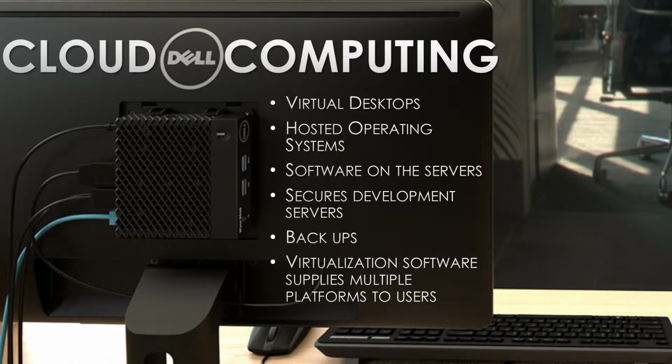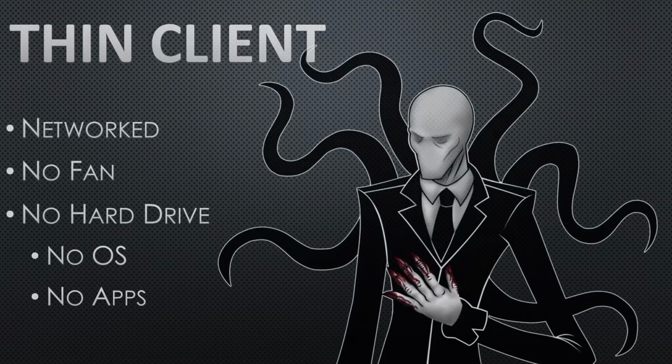Whenever you turn it on, you press the power button, it actually boots up a very thin version of an operating system, connects to the network, downloads Windows or whatever you're running your network on, and boots over the network. Then you have network applications, you have Microsoft Office on there, you could have SPSS on there, you could have Photoshop, whatever. So you store everything on the server. And that's called thin client.